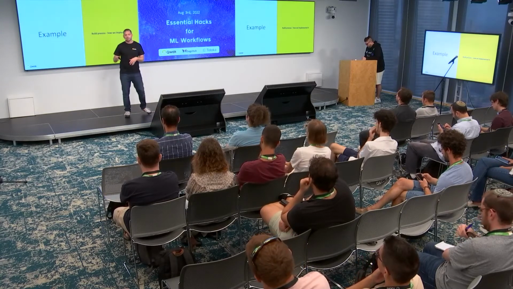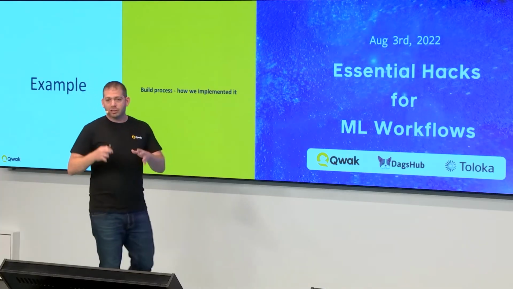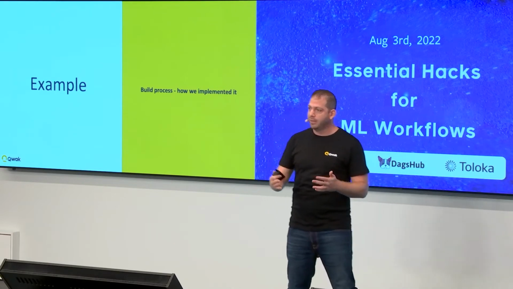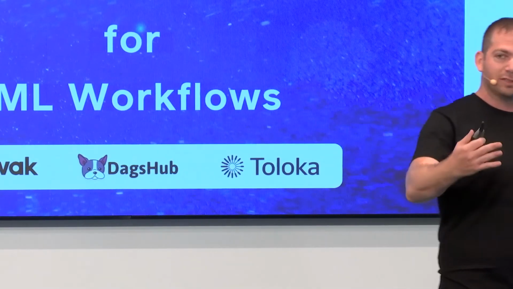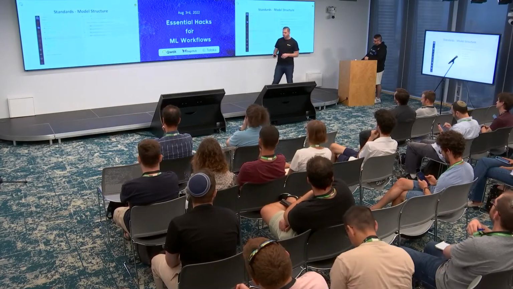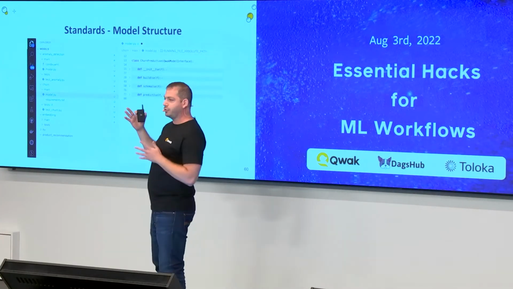So here are a few examples of how we implemented that at Qwak. Not just the platform itself, but more about structures and how you can, in a company, achieve that and build more and more models and make sure that over time, those things will not break. So first of all, and that's what you see at the left side, is structure.